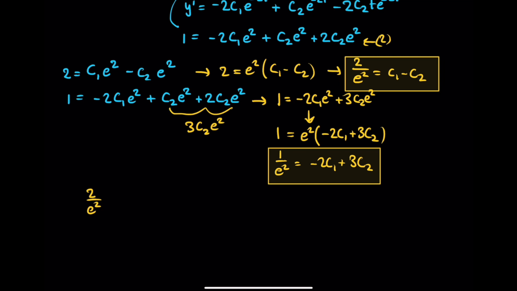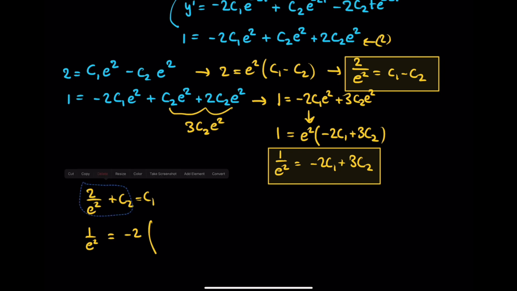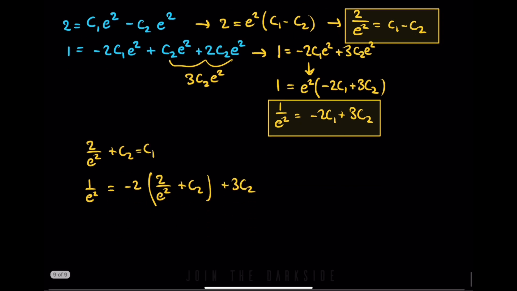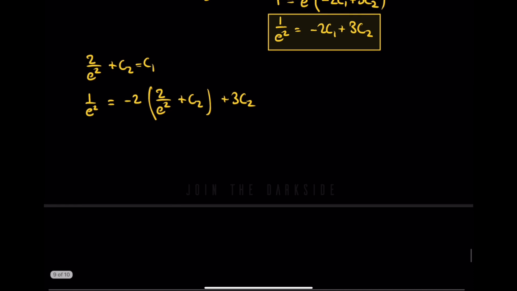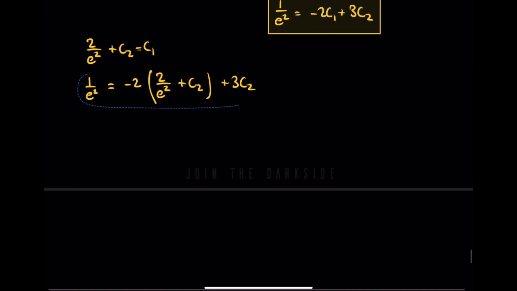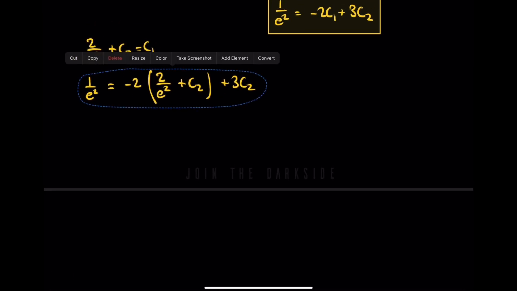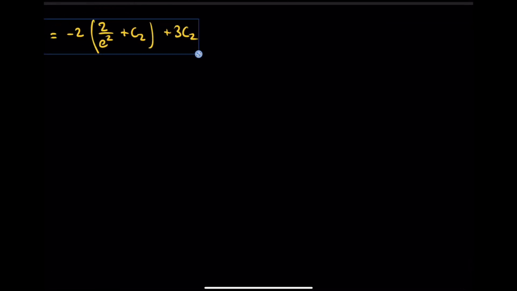2e minus 2, and I'm going to put the c to the other side, and this is c1. And then 1 over e squared, so this is the second, minus 2, and then we're going to just dump this entire thing in here, plus 3c2. Okay. This is going to take some space. So all right, there you go.